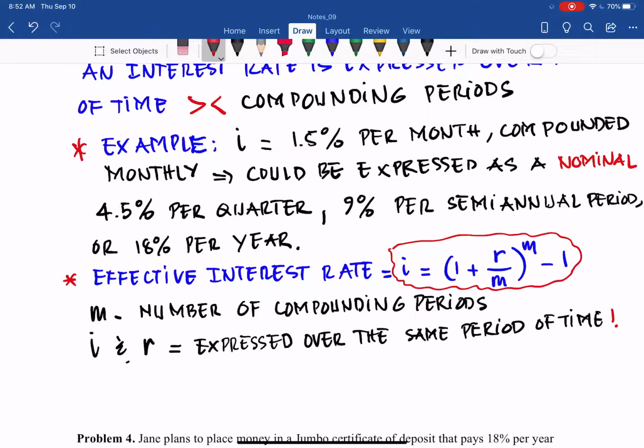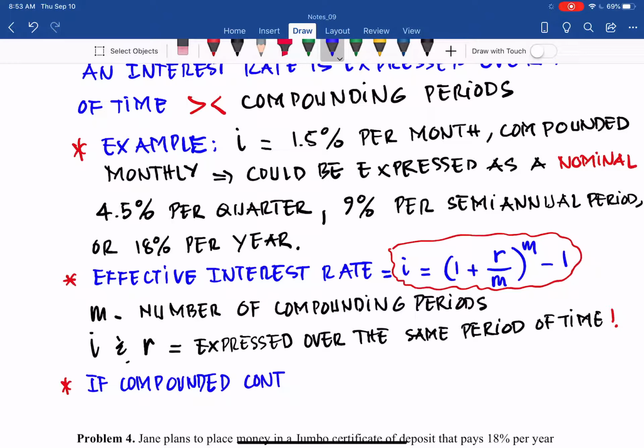What about interest compounded continuously?